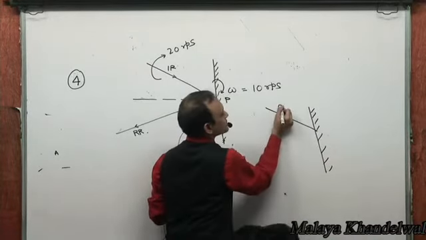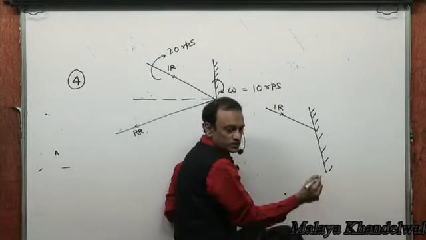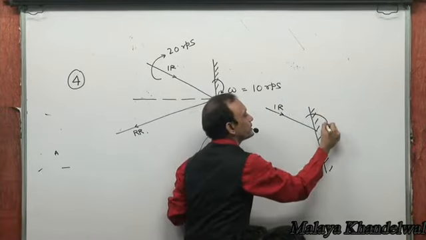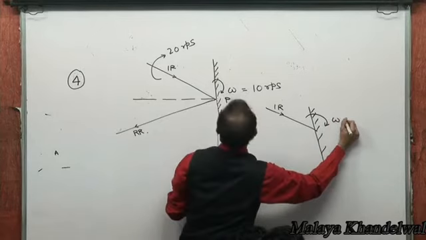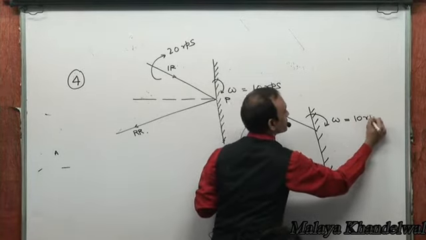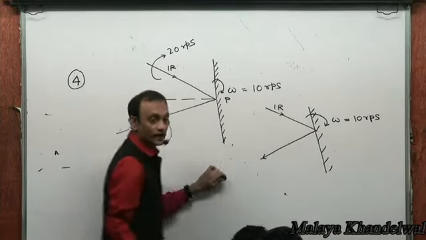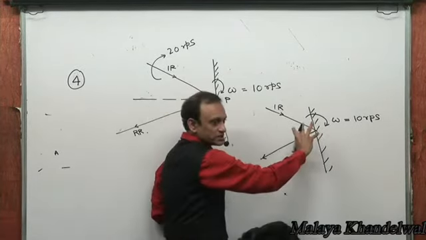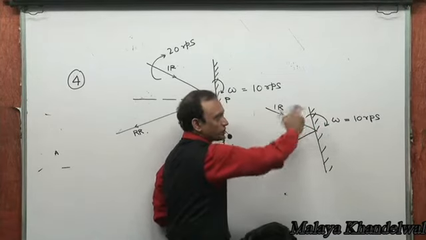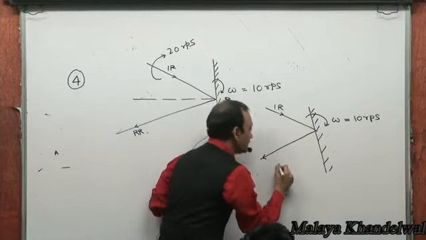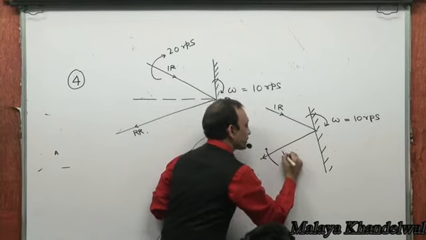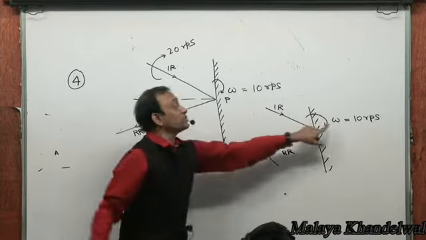Now one thing, look at the effect of the mirror alone. If this was the incident ray, and the mirror rotated in this sense at the rate of 10 revolutions per second, right? Then if the mirror rotates in this sense, that means the normal will rotate also in the same sense, and then the reflected ray will rotate at 2 omega.